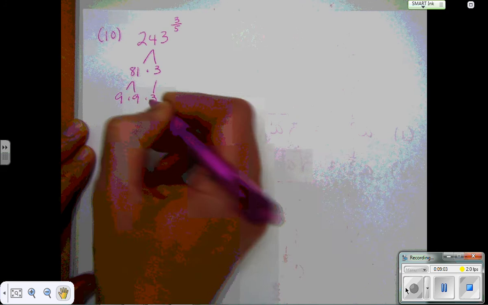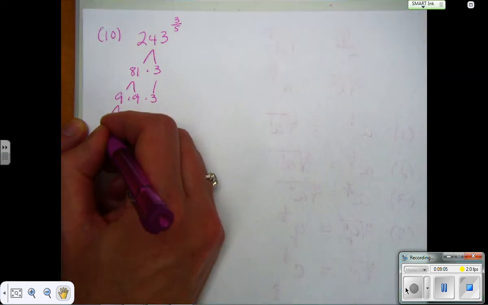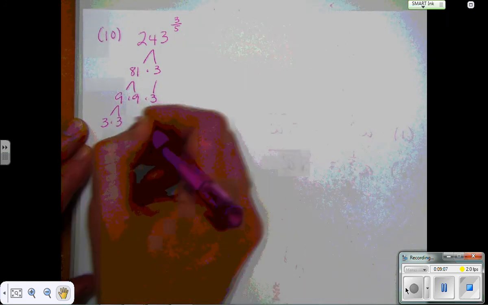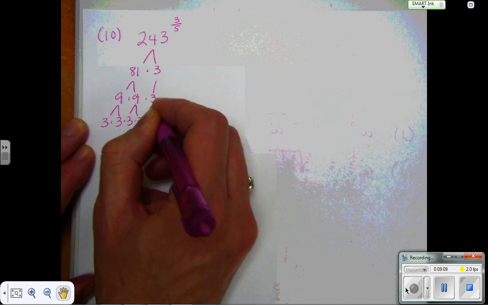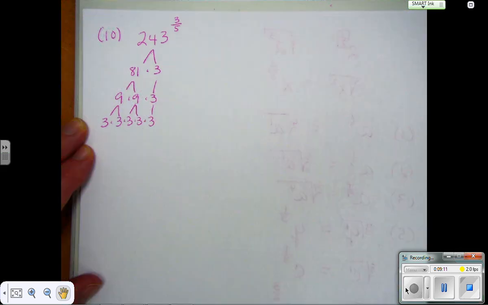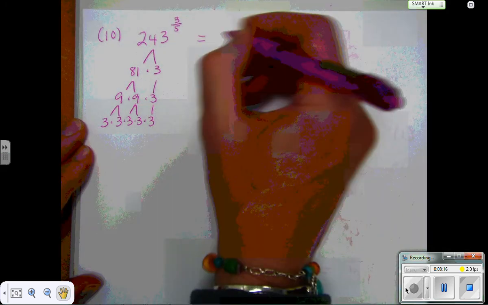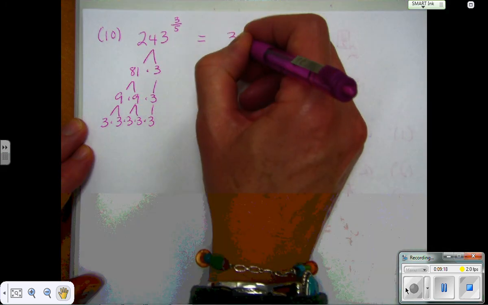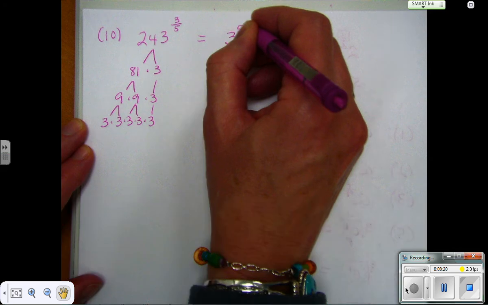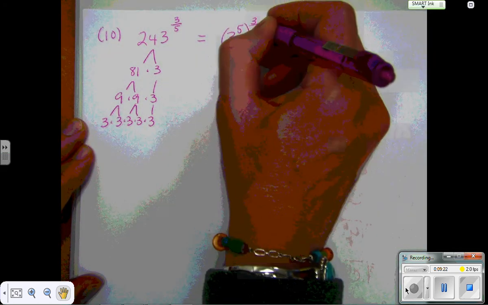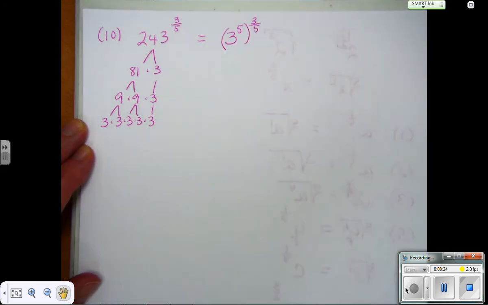So I can see my prime factors are going to be 3 times 3 times 3 times 3 times 3. So I have 5 factors of 3. So I could write the 243 as 3 to the 5th power. Then I'm going to put my 3/5 exponent outside the parentheses.